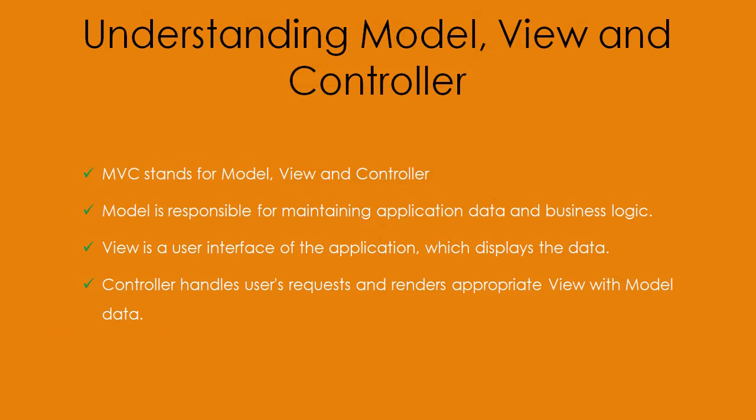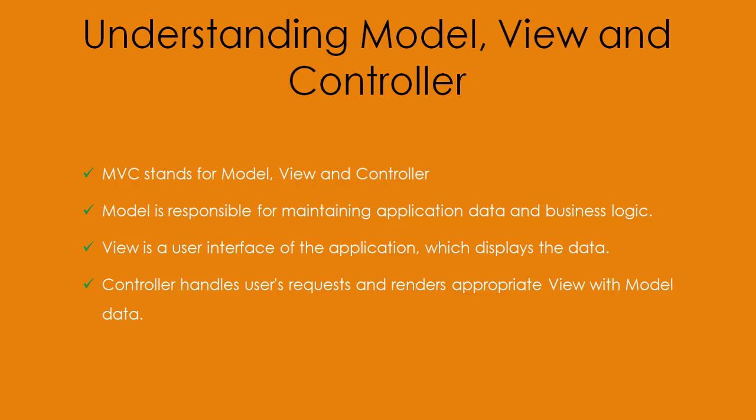So you should learn about what is a model, view, and controller. MVC stands for M for model, V for view, and C for controller. Model is responsible for maintaining application data and business logic.